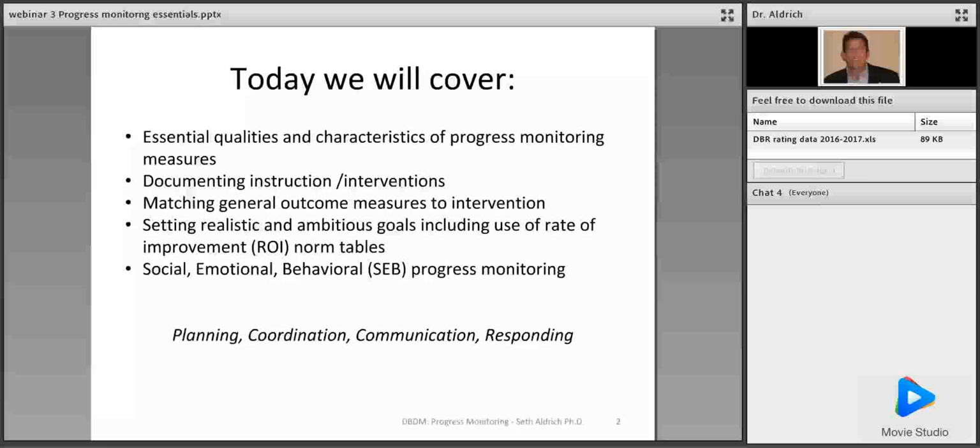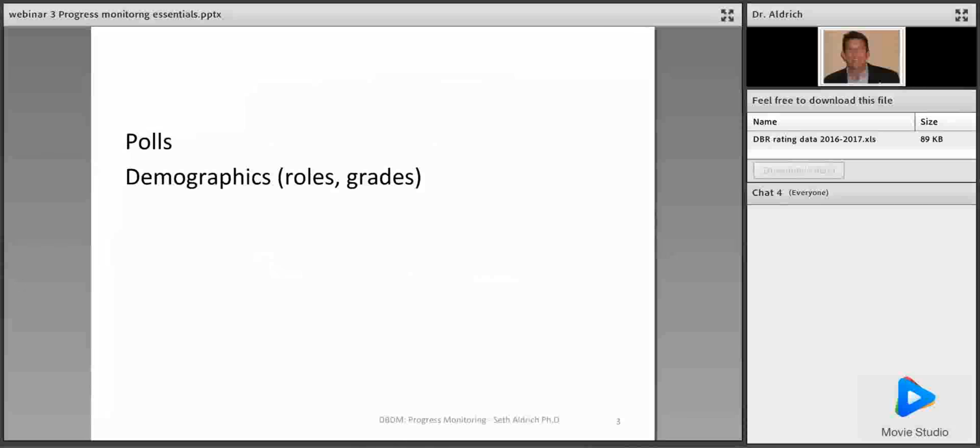So we're going to talk about that. And at the end, I'm going to talk about social, emotional, and behavioral progress monitoring, some feasible, valid tools for doing that, because I think that is really important when we're looking at student growth. As I've always said, this is about planning, coordination, communicating, and responding to the data when we're doing database decision making.